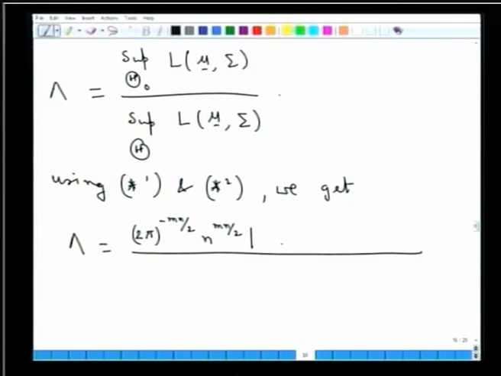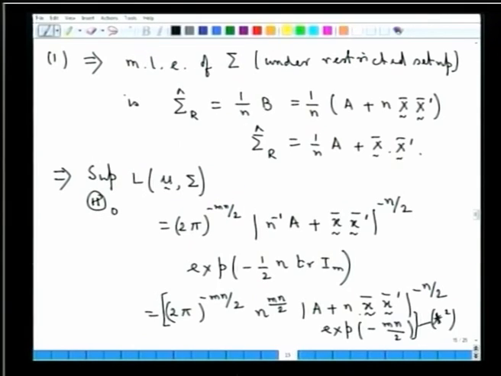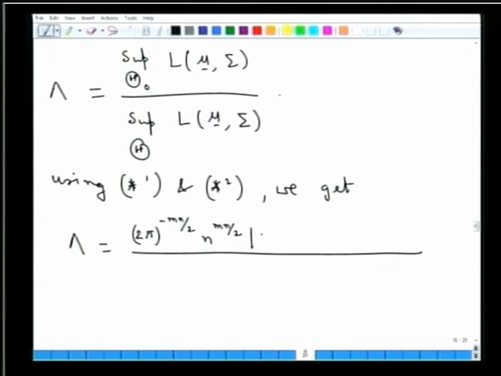Then we have the determinant of, what was it? Determinant of A plus n times x bar transpose whole raised to the power minus n by 2, and then we had e to the power minus mn by 2. And in the denominator we have that star 1 expression.